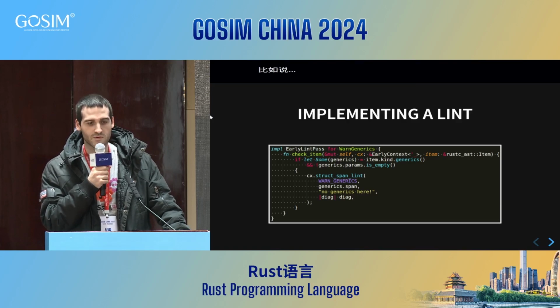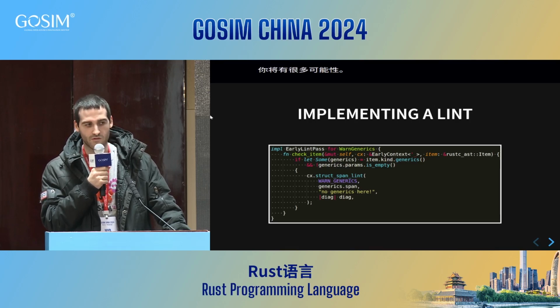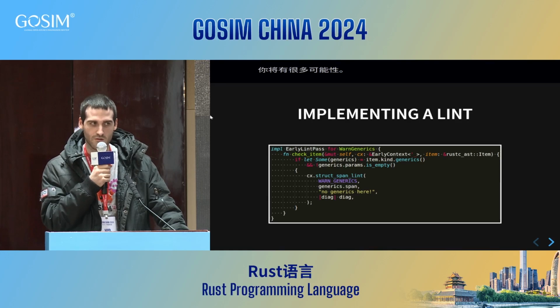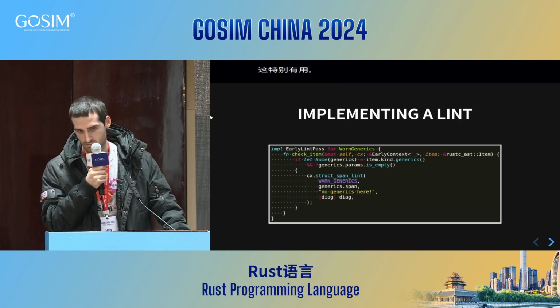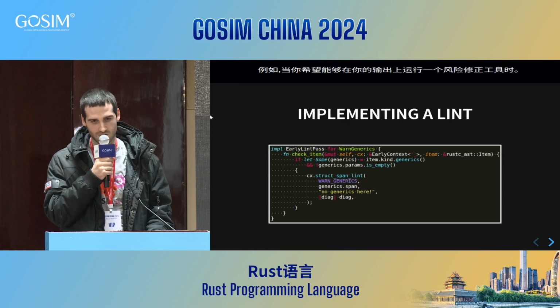You have a lot of possibilities. It's especially useful in case you, for example, want to have a Rust fix to be able to run on your output. In this case, you will say, yeah, please remove this, and based on that, rustfix will be able to say, okay, removing, and everything is fixed.